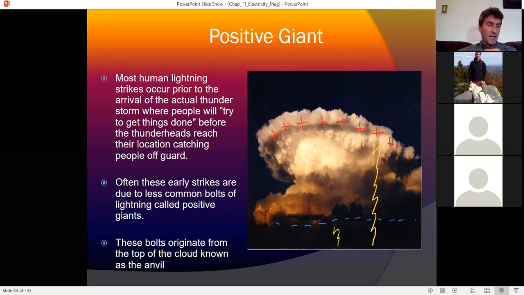It's also that this anvil can proceed well in front of the cloud. So if you get hit by a positive giant, your chances of survival are much, much less. And a positive giant is a type of lightning that is extremely powerful and is coming from the top of the cloud instead of the bottom of the cloud.